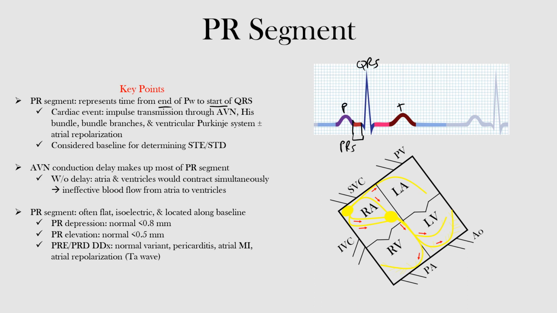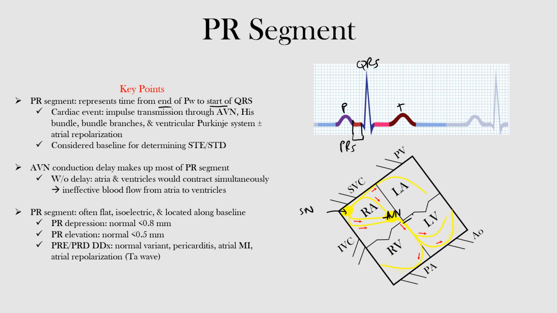It represents the impulse transmission through the AV node, the His bundle, the bundle branches, and the ventricular Purkinje system, along with some of the atrial repolarization. Again, here's our sinus node. We'll go over our conduction system. We have the internodal pathways, the Bachmann bundle that goes to the left atrium, our AV node.